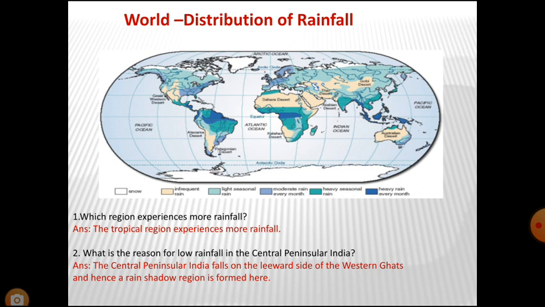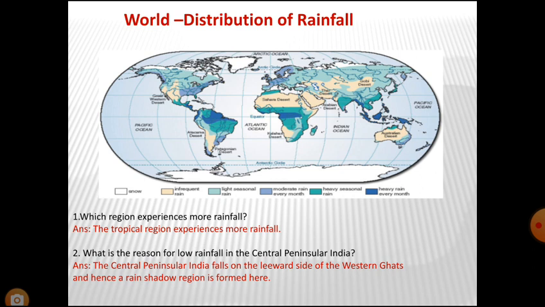Now we'll see what the factors affecting rainfall are. First one is proportion of moisture, second air pressure, third temperature, fourth relief and fifth latitudinal location. So now we'll discuss the question answers. First, which region experiences more rainfall? So here the tropical region experiences more rainfall.